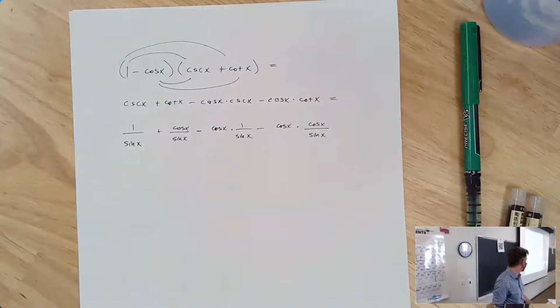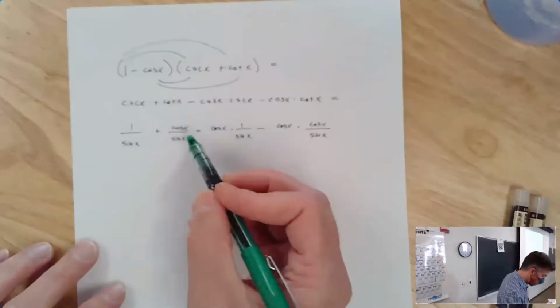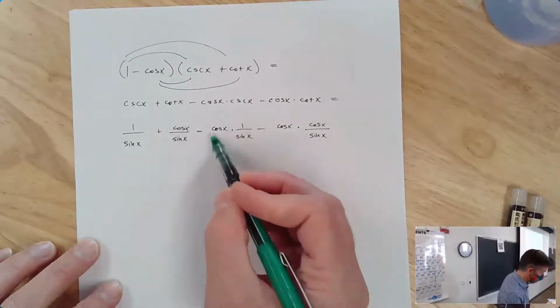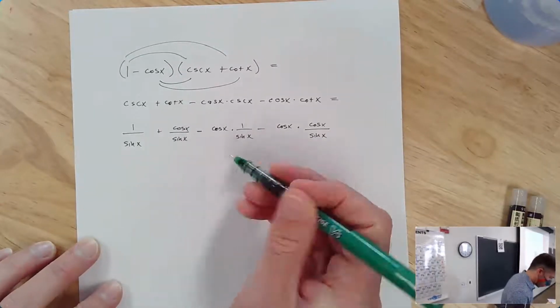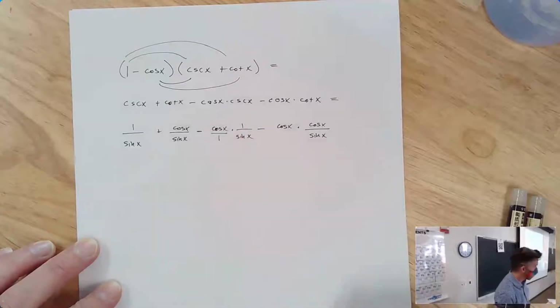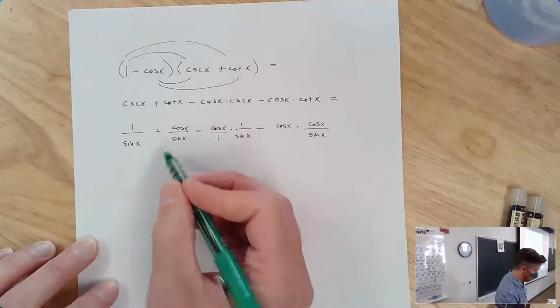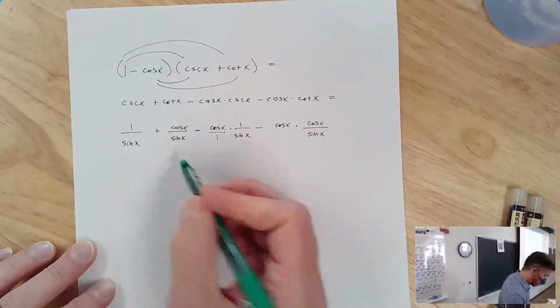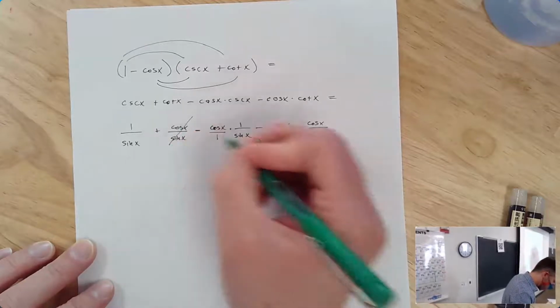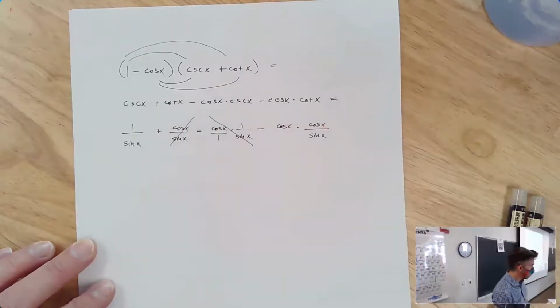What can I cancel here? Well, I've got a cosine over sine and I've got a cosine over sine. This is cosine x over 1 times 1 over sine of x, and that's the same as cosine x over sine of x. So this term here cancels with this entire term here.